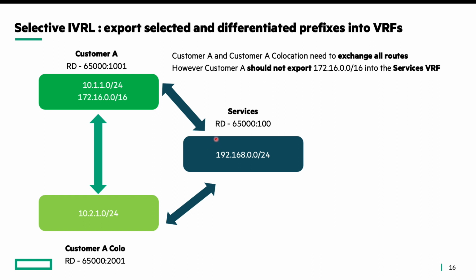So the way to do that is using a selective IVRL: 172.16 is exchanged with this customer A colo VRF, but for the services we withdraw the leak of this prefix. So this is one application of the selective IVRL.